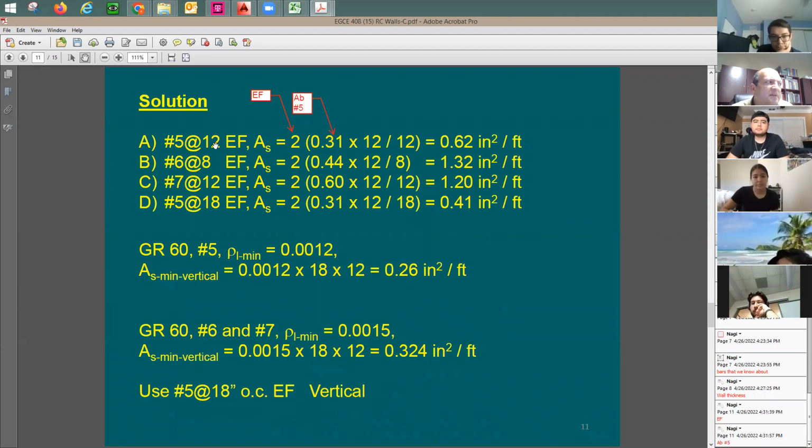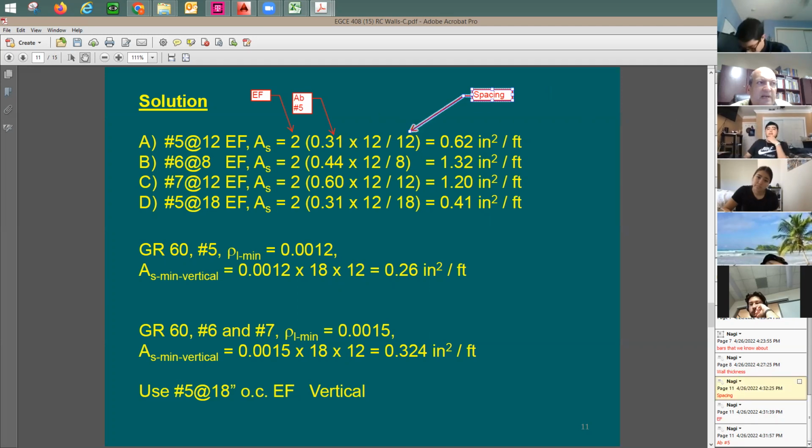So what is the spacing here? 12 inch. I'm working here with a 12-inch section, very similar to slabs. We have done this in slabs, but the difference is you're going to have 2 here, because usually you're going to have 2 rebars, 2 sides. So we're going to say 12 inch for the strip width or section width.